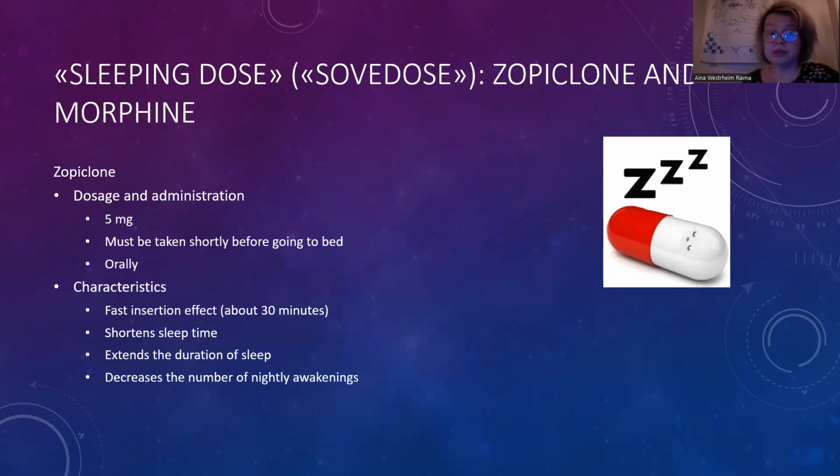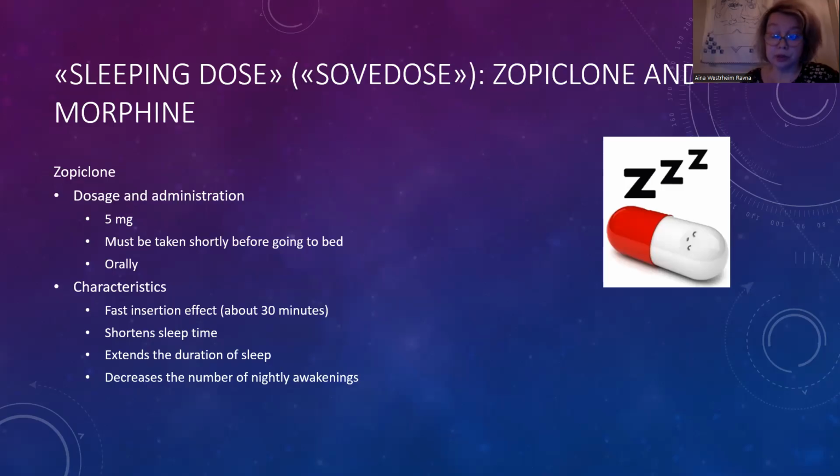Typical dosage of zopiclone is 5 milligrams. You can give more, but the typical dose is 5 milligrams. It must be taken shortly before going to bed, and it is given orally. Zopiclone characteristics are there's a fast onset of effect, about 30 minutes.